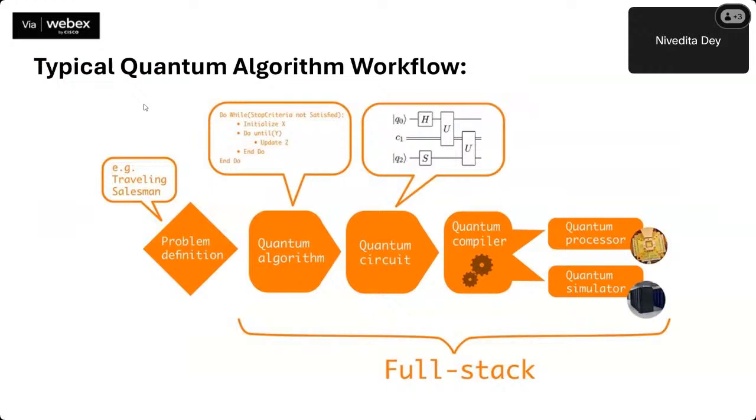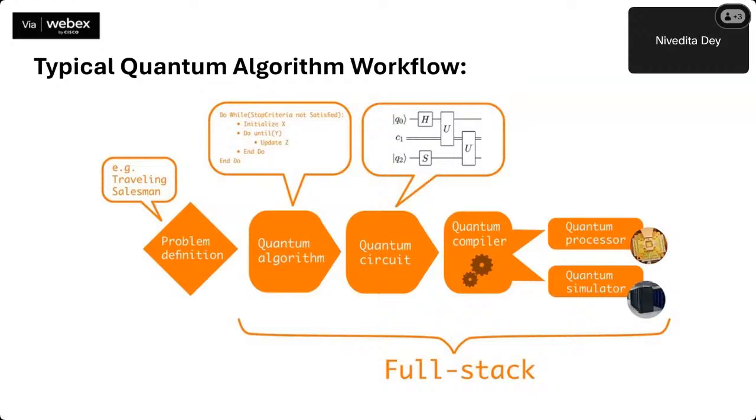This is the basic workflow. For example, we have a traveling salesman problem, or any problem we can have. Initially, for a quantum algorithm, it should have a problem definition. Once we have a problem definition and have understood the resources, then we will frame the quantum algorithm.